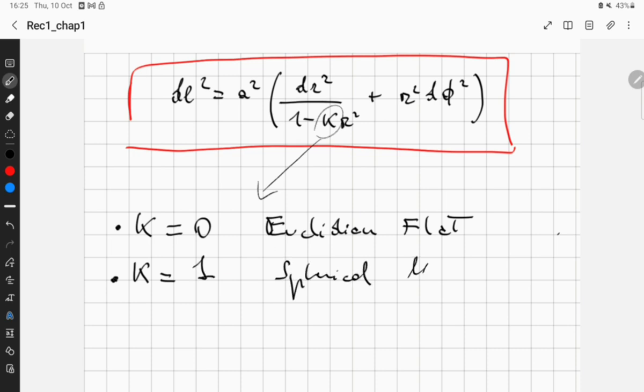For k equal 1, we get the spherical metric, and for k equal minus 1, we get the hyperbolic metric.